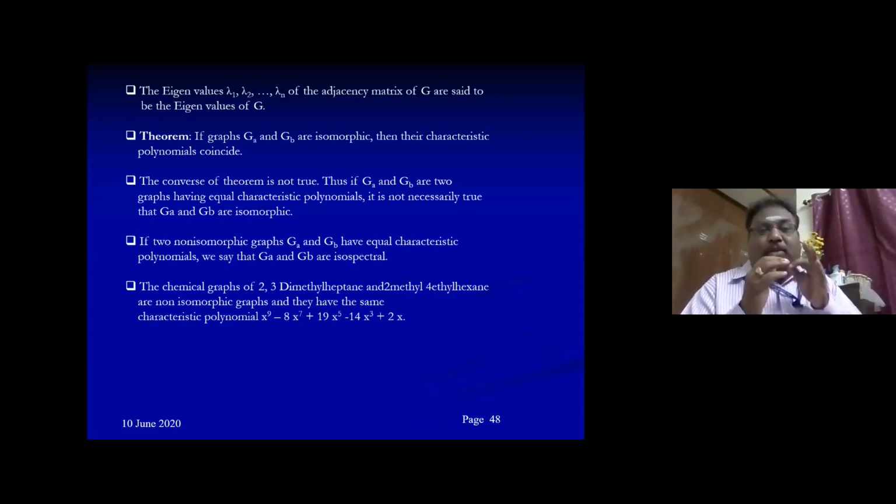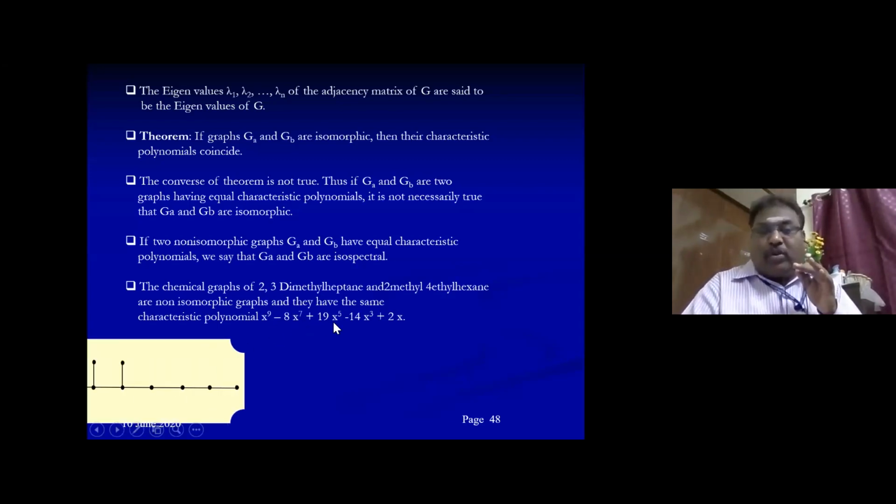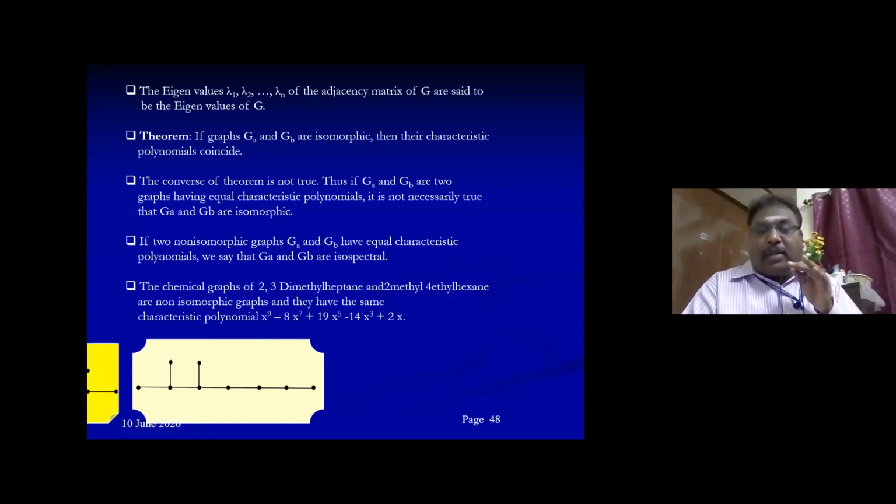Isospectral. So look at the chemical graphs: 2,3-dimethyl pentane and 2-methyl 4-ethyl hexane are non-isomorphic graphs. In nature they are two different compounds, but they have the same characteristic polynomial, x power 9 minus 8x power 7 and so on. So look at the polynomial and then the graphs.